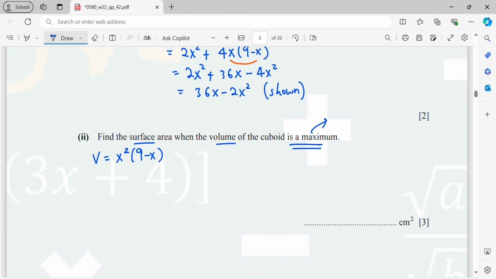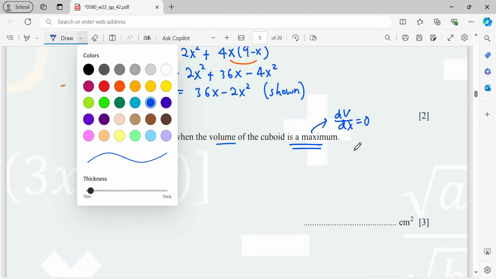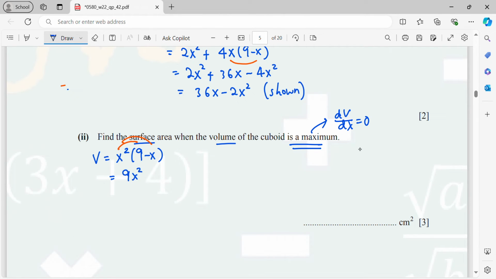But when you see maximum, that means dV/dx equals 0. So I will do expansion for the expression first. You will get 9x squared minus x cubed for V. Then differentiate V with respect to x.